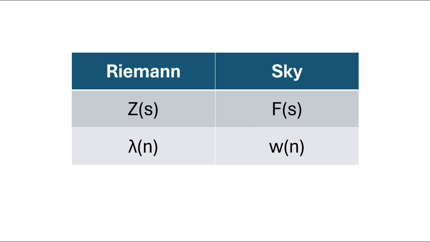So instead of coming at the Landau hypothesis directly, he's setting up a sort of parallel proof that substitutes W of n for lambda of n and substitutes f of s for zeta of s. And it proves the things that we want to prove, but it proves them about what you might call the alternate versions of those functions that mathematicians have been working on for so many years.